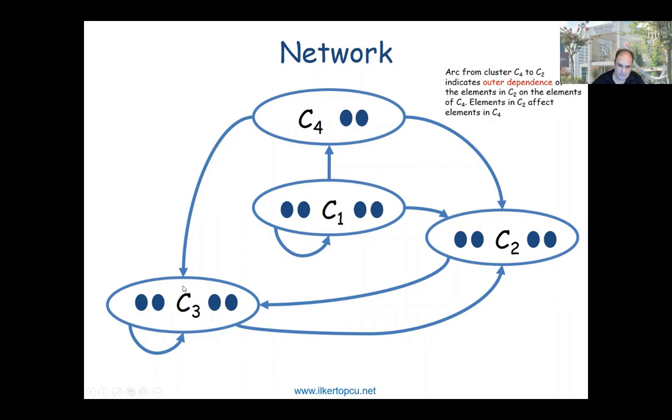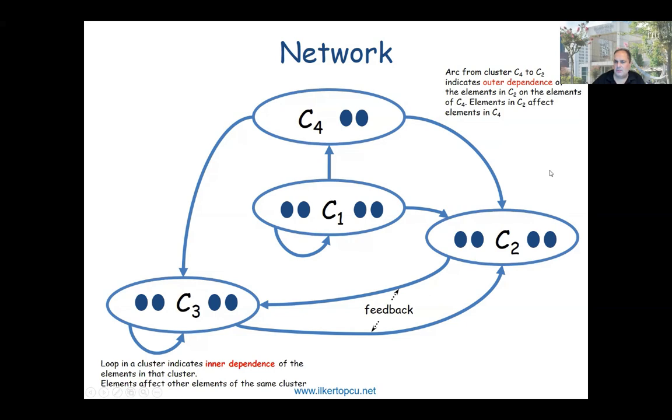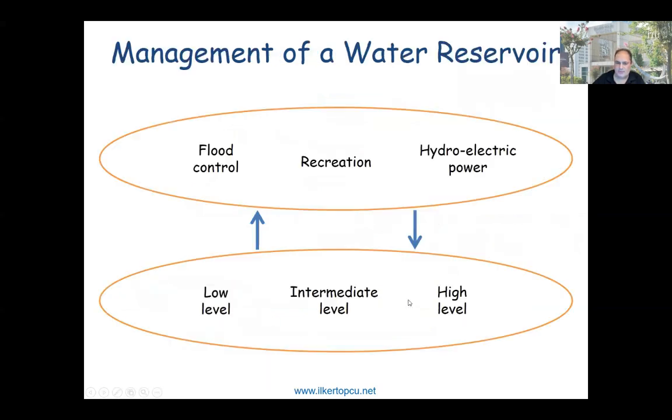There is another outer dependence from C4 to C3 and C1 to C2. If these outer dependencies are in two directions, as I have said, it is called feedback. And if an element in a cluster is affecting another element in a cluster, at least one, in this case, we have inner dependence. And in networks, as I have said in the beginning, we have dependencies and feedbacks.